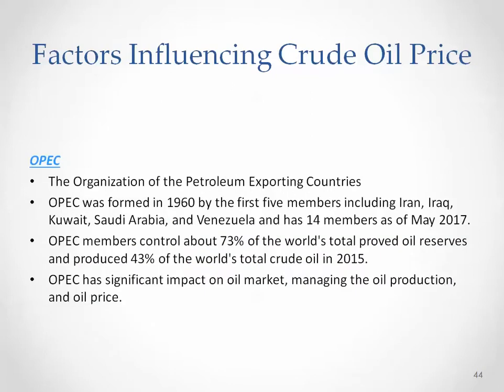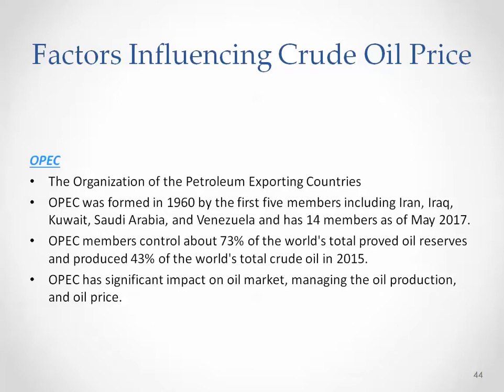The other major player in the global oil market is OPEC, the Organization of Petroleum Exporting Countries. OPEC was formed in 1960 by the first five members: Iran, Iraq, Kuwait, Saudi Arabia, and Venezuela. And right now, in 2017, it has 14 members.